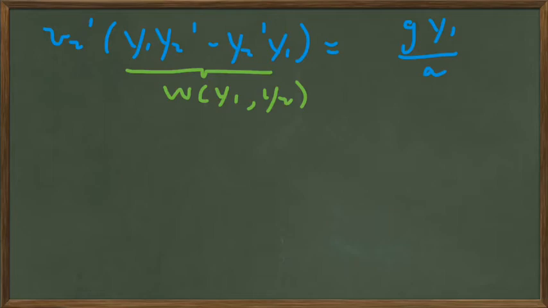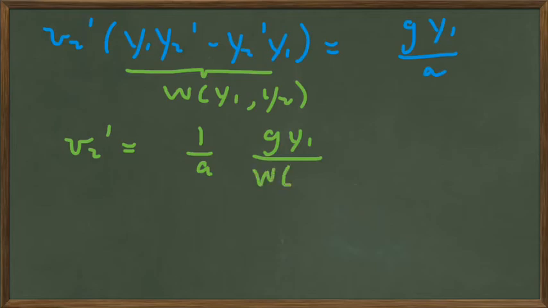So let's divide through by that, and we have v2 prime equals, let's bring the constant a out front, g y1 divided by the Wronskian of y1 and y2.